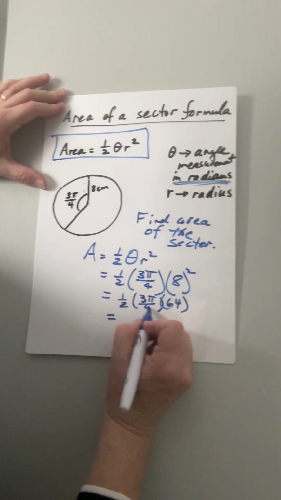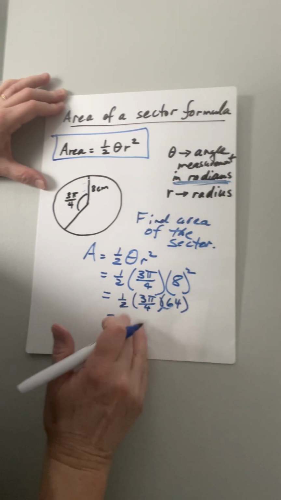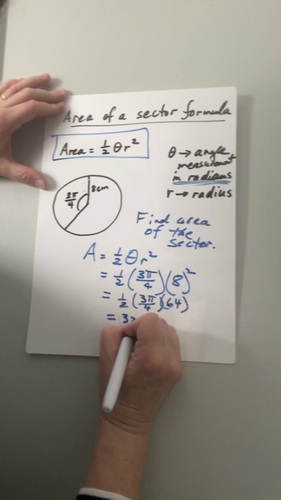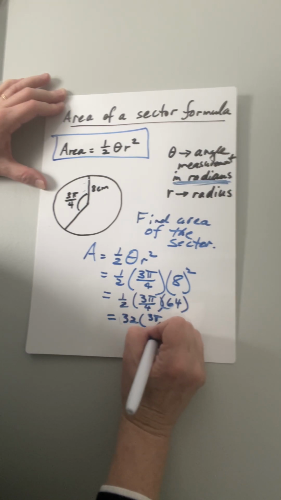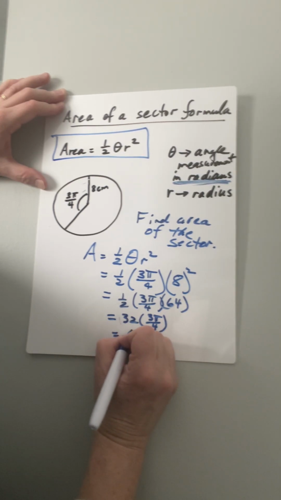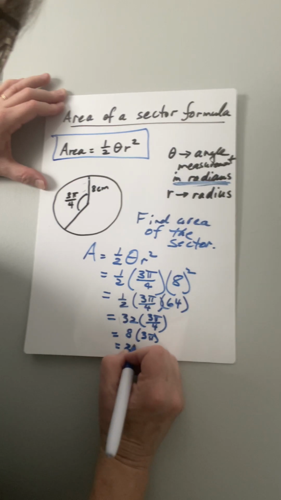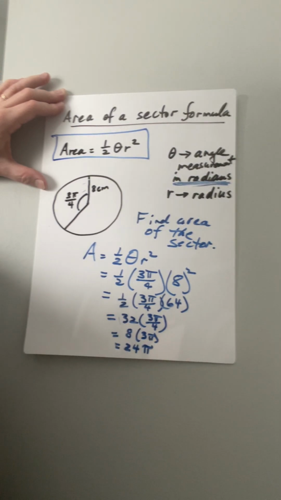Actually, 2 times 4 is 8. I'll divide that into 64, which will leave 8. I'll do it in a couple different steps for you, though. So the 1/2 times the 64 would be 32. 3 pi over 4. We could do 4 divided into 32, which is 8 times 3 pi. And so that exact answer is 24 pi.